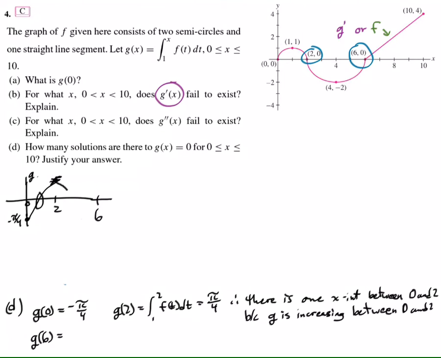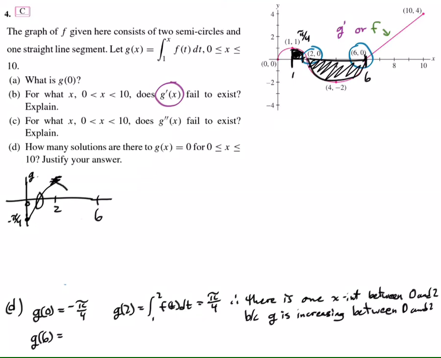Okay, now if I plug 6 into g, I'm going from 1 all the way to 6 right here, and I'm supposed to find the area between the curve and the x-axis for that and for this. Now I know that this area that's below the x-axis is going to be negative. So we have a positive pi over 4 right here. What is the area of this going to be?